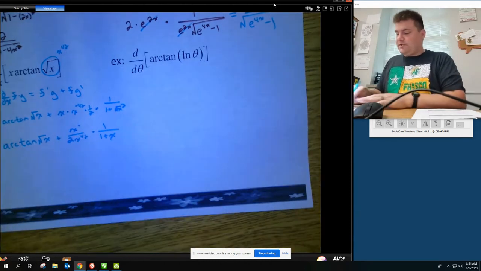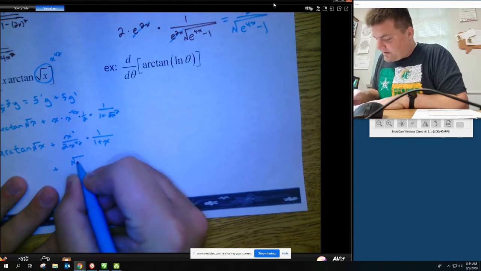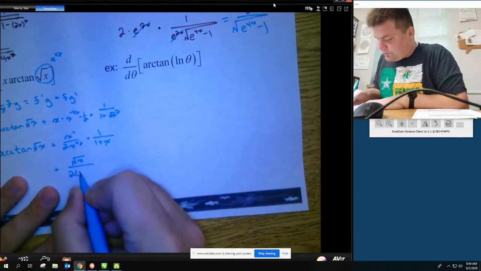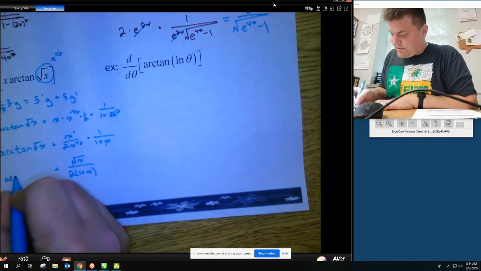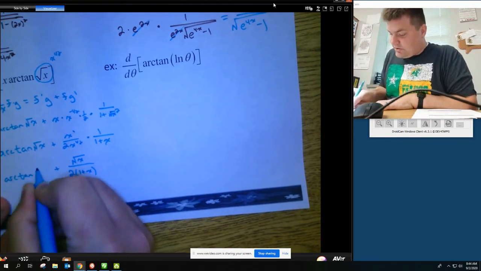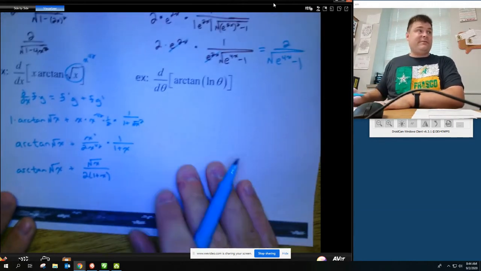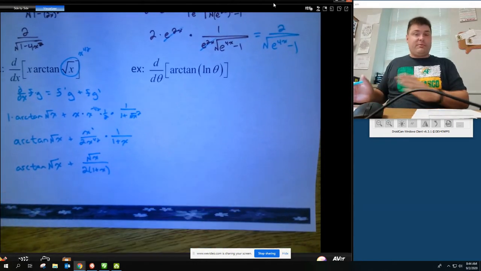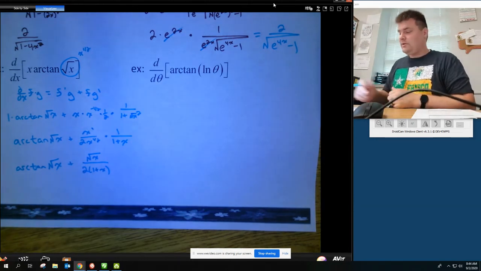You can subtract the exponents. So on this side, you're going to go ahead and get a root x on top, all over 2 times 1 plus x. And I didn't touch this front at all. So this is still going to be arctan root x. Okay, this one was a little more intensive, so if you needed to pause, go back, see something, it's a good one to redo.